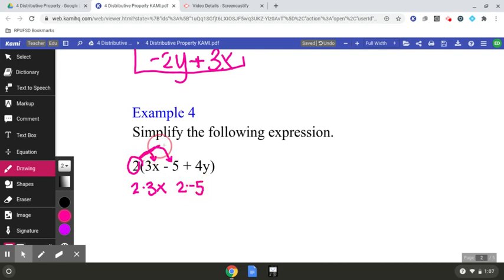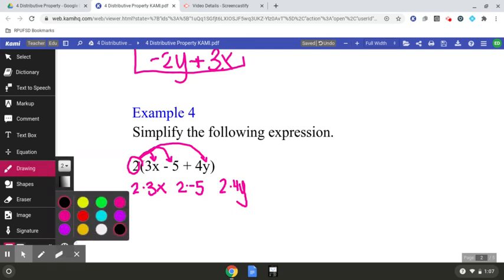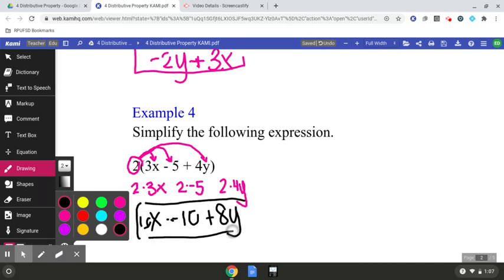And then the last one would be 2 times 4y. Okay, and now you're just going to multiply. So 2 times 3 would be 6x. 2 times -5 would be -10. And 2 times 4 would be a positive 8y. And then that would be your answer.